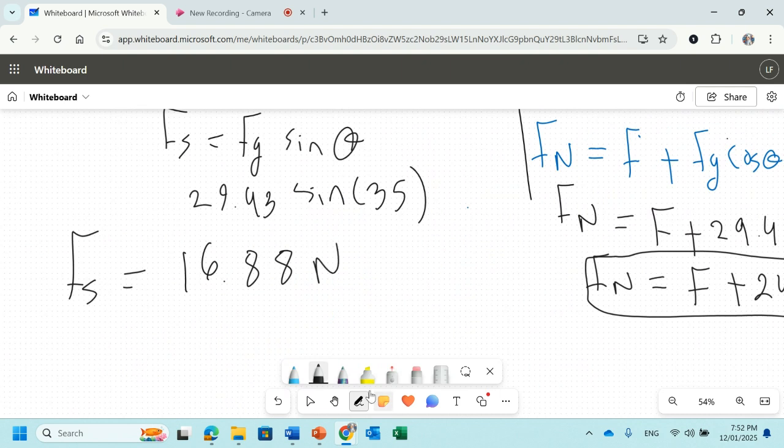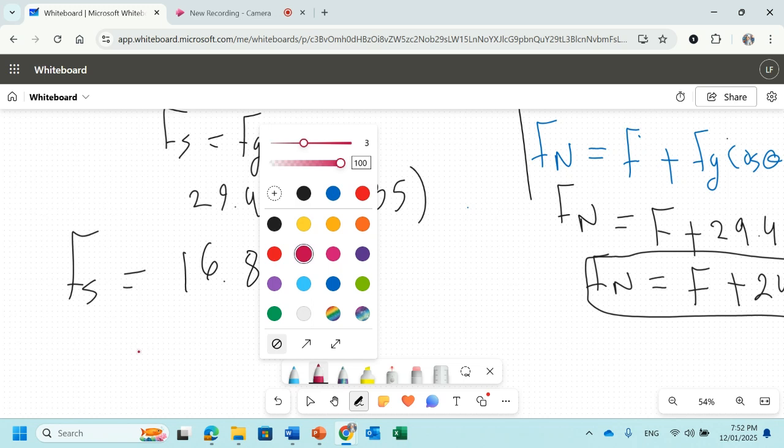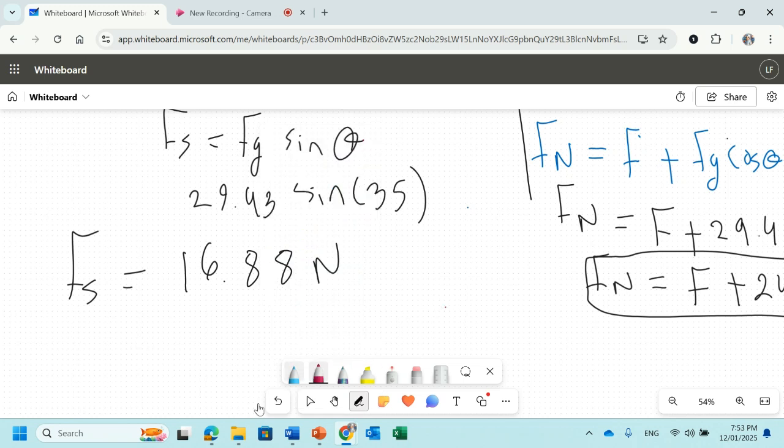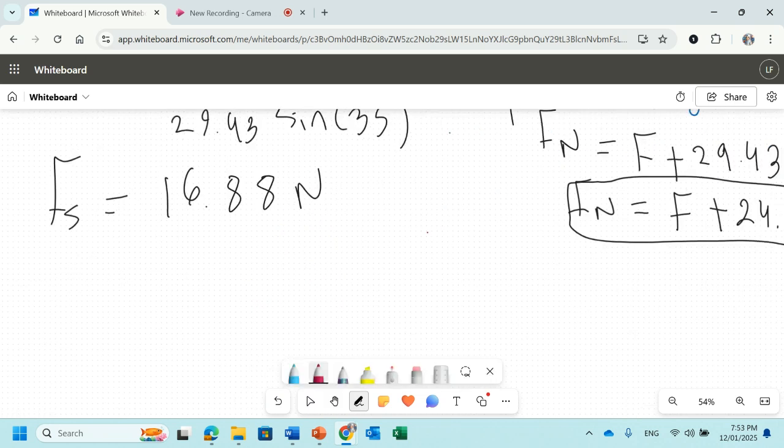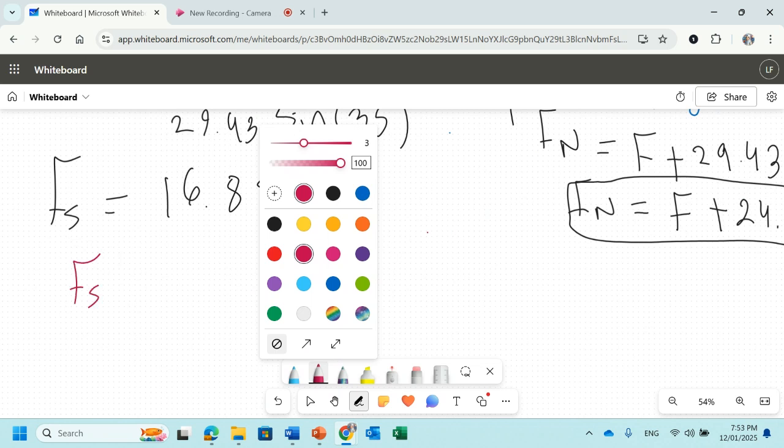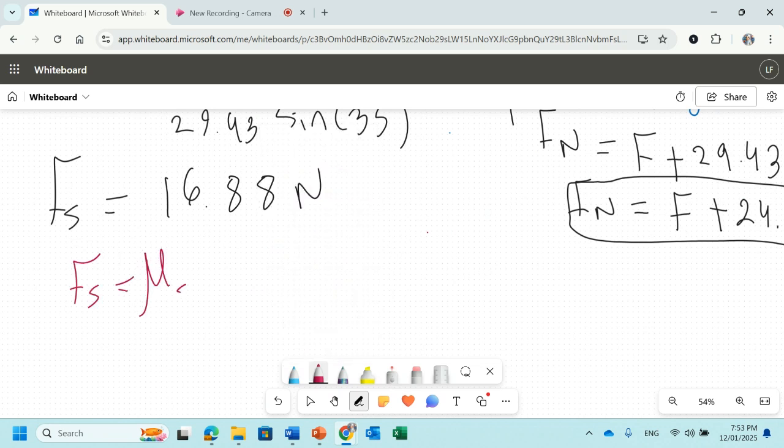Now I can calculate the normal force because I know there is a relationship between normal force and the force of friction, and the equation for the force of friction, Fs equals mu s, the coefficient of static friction, times Fn.